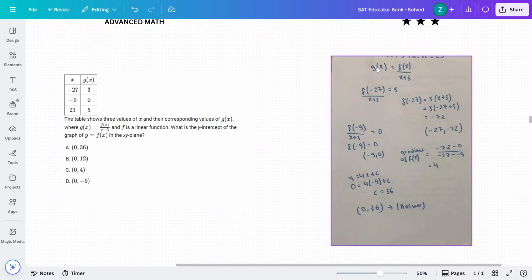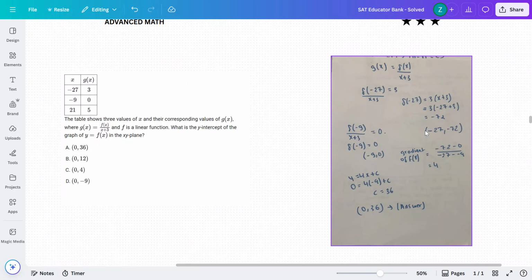So we replace g of x with 3. Then we just times by x plus 3 on both sides, and we put every x inside of the fraction f of minus 27, we replace it with a minus 27. So the x over here became minus 27. Then we just do simple math, and we get minus 72.